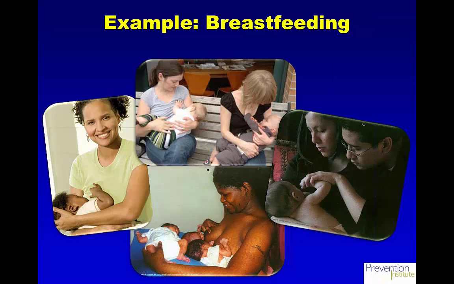Now, if we ask ourselves, what was it that contributed to the decreases in rates of breastfeeding, what are some of the things that people tend to share, Larry? Well, certainly people talk about the advent of formula. They talk about the marketing of the formula, including, frankly, in some pretty unscrupulous ways. The fact that women were much more in the workplace.